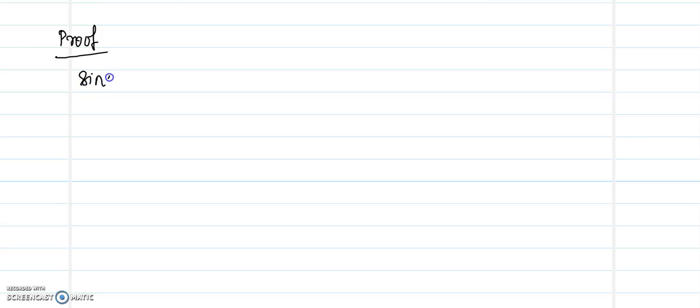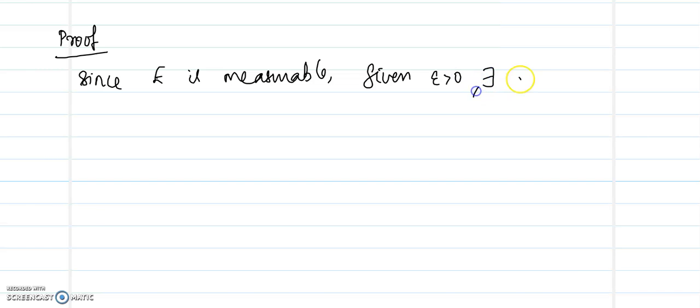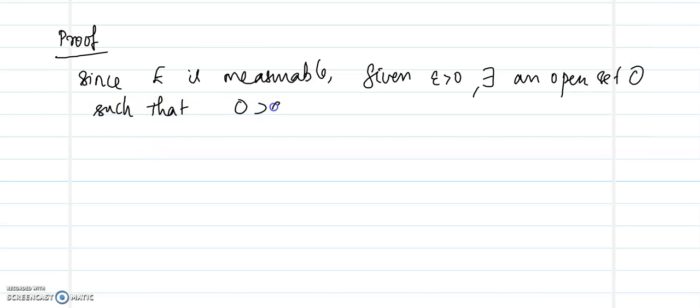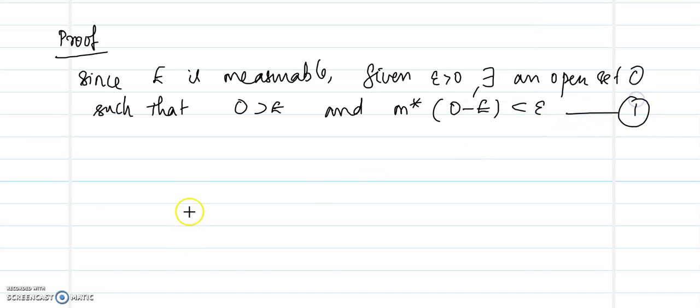Since E is measurable, given epsilon greater than 0, there exists an open set O such that O contains E and m star of O minus E is less than epsilon. So let us call this result 1.